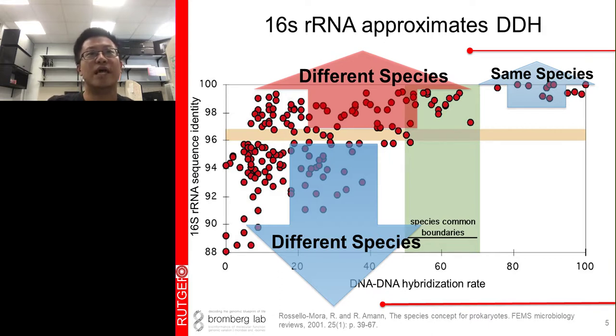If we look at all the organism pairs that have less than 97% 16S RNA sequence identity, we can see that without an exception, all of them belong to different species. However, if we look above 97%, we have both same-species organism pairs as well as different-species organism pairs. So this rule of thumb is not really accurate in reality.